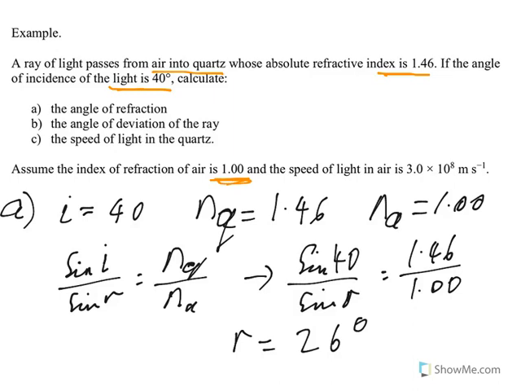All right. Part B asks for the angle of deviation. The angle of incidence was 40 degrees, and the angle of refraction is 26. We wrote the wrong one earlier.